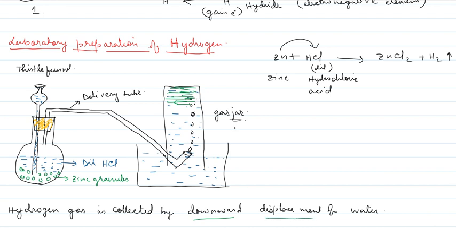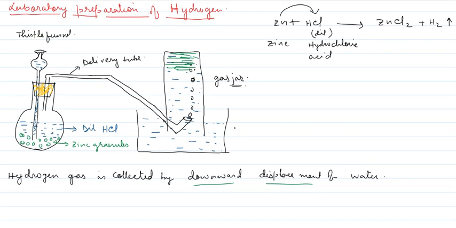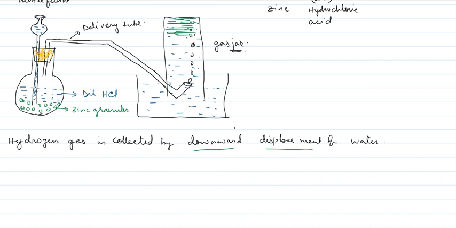So now we will see how we can prepare the hydrogen gas in industry, means in large quantity. Laboratory means in small quantity, and industry means large quantity.